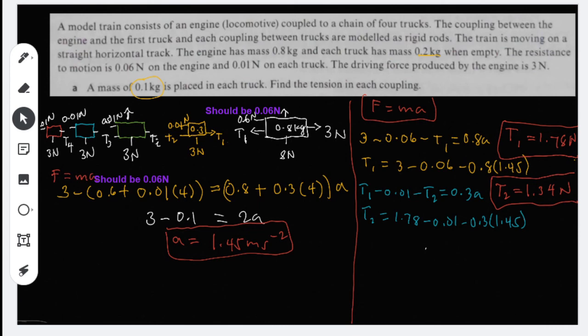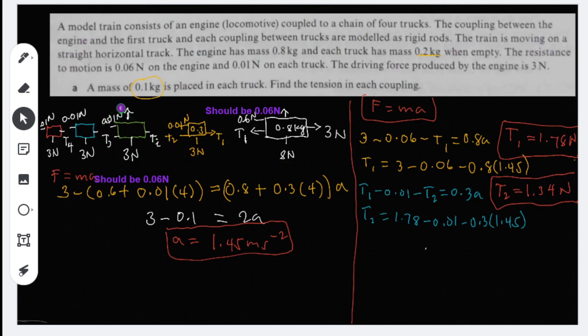Next, let's proceed to the third one, your T sub 3. This is the first, this is the second, and this will be the third. Okay, T sub 3. Again, first, second, third.